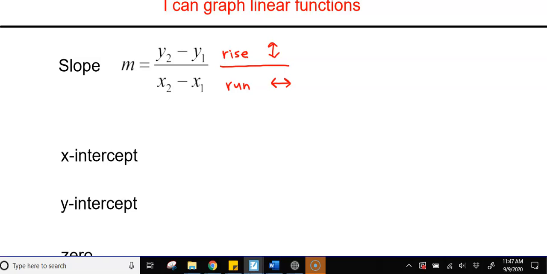Okay? And if you were given 2 points, say you had 7, 2, and you had 6, negative 3, this could be your x1 and your y1, your x2 and your y2. That's where those are coming from. Okay, just a random example there. X-intercept, that's where your graph crosses the x-axis.